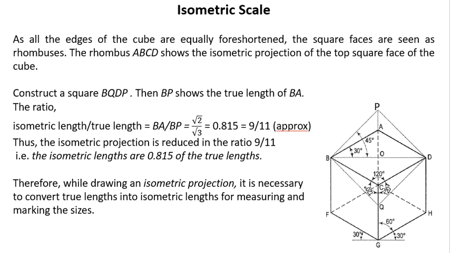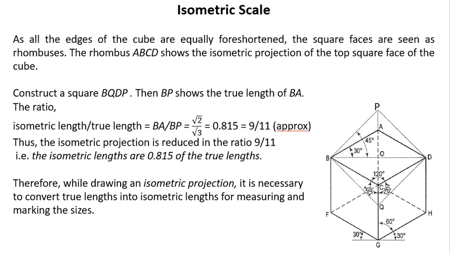Then BP shows the true length of BA. Then the ratio isometric length divided by true length, that is BA divided by BP, will come approximately equal to 0.815. That is nothing but 9 by 11. Thus the isometric projection is reduced to the ratio 9 by 11.